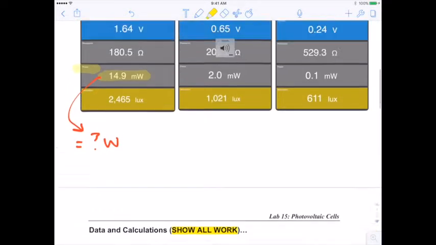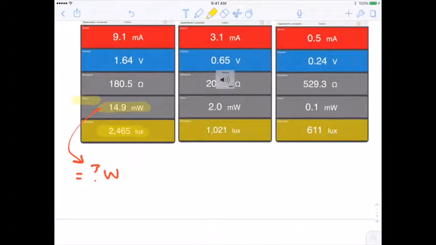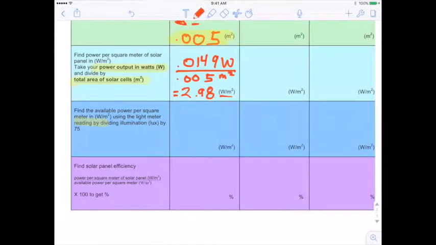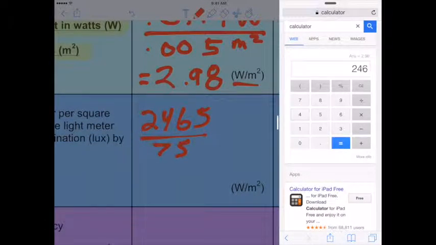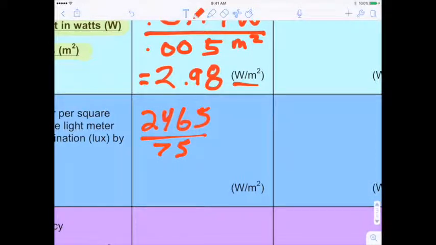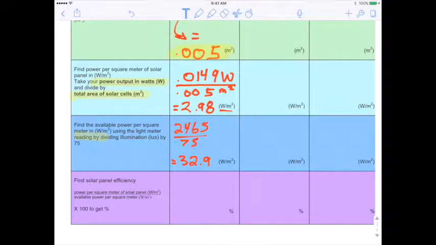Looks like at the 20 centimeter distance my light meter reading was 2465, and I need to divide that by 75. That's what it's telling me to do. All right, 32.9 watts per meter squared. Excellent.